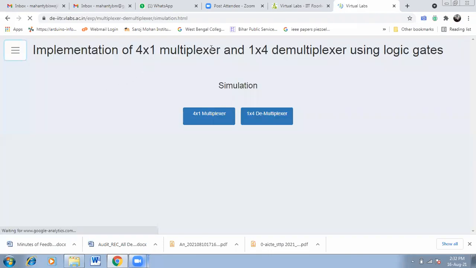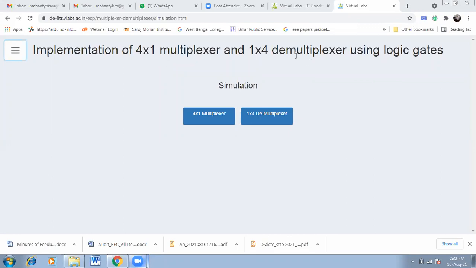Implementation of the 4 cross 1 multiplexer. In the case of a multiplexer we write 4 cross 1, 4 is to 1. The left side numerical value gives an idea about the number of inputs, and 1 means the multiplexer has 1 output. For 1 cross 4, the input is single but there are 4 outputs, so the demultiplexer is simply the reverse of the multiplexer.